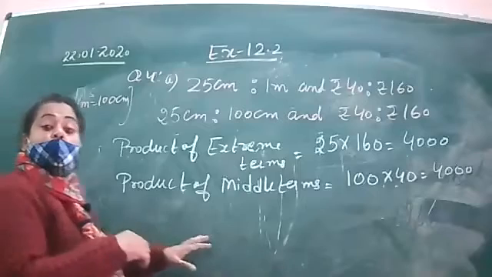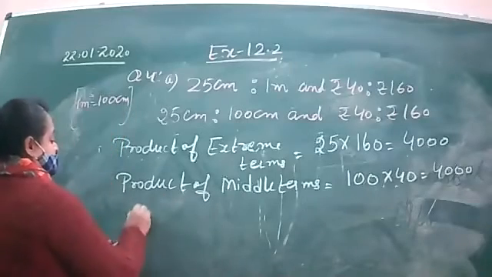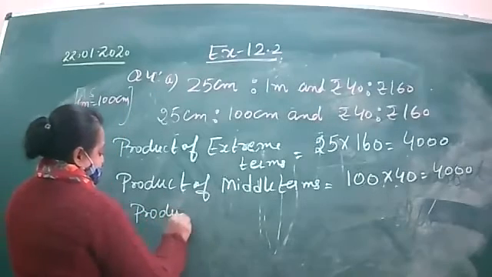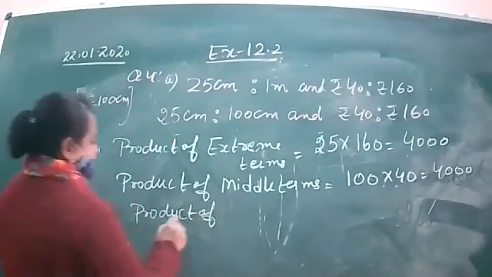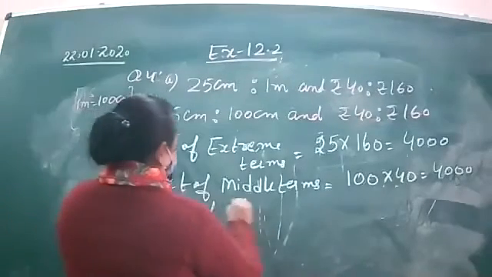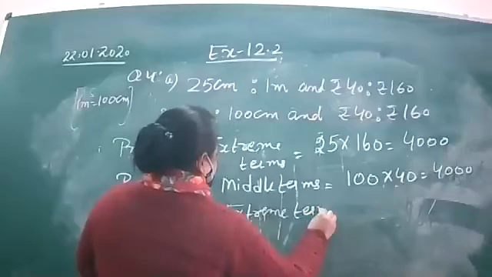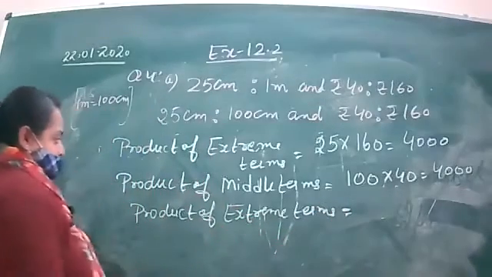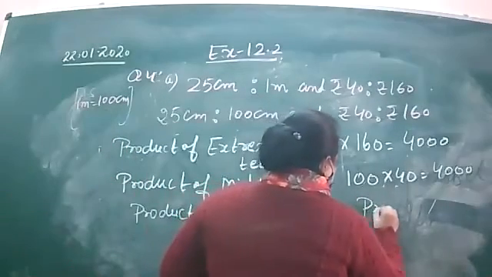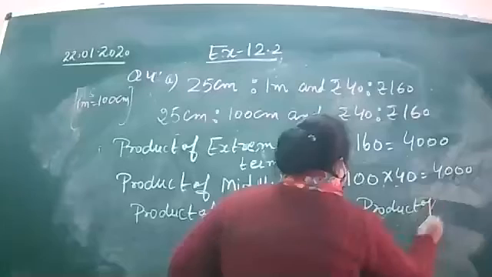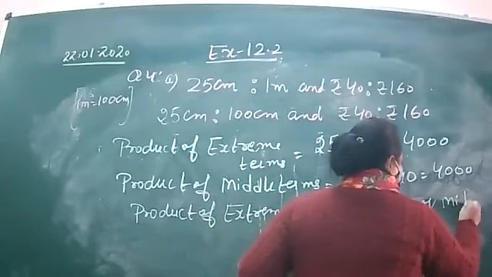Now here you will conclude product of extreme terms is equal to the product of middle terms.